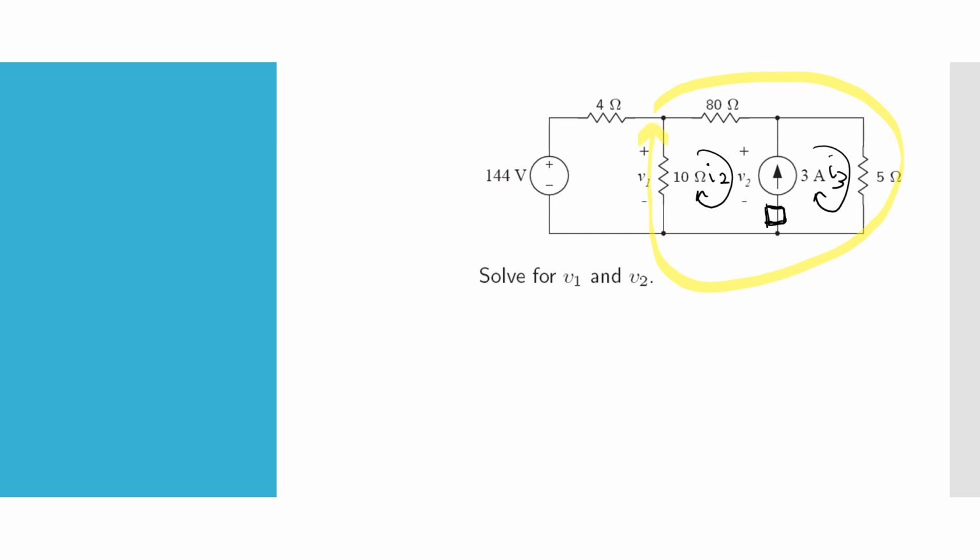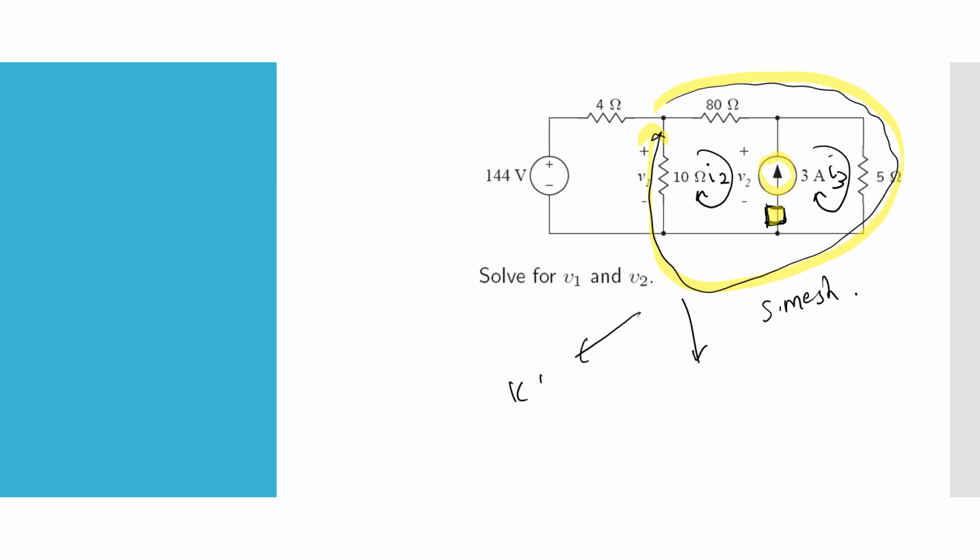So what happens to the element in series with the current source here? What you should do is include that as part of the boundary of your supermesh. Do not worry, just apply the same rules, KVL and KCL at this supermesh, and then you can solve for the equations.